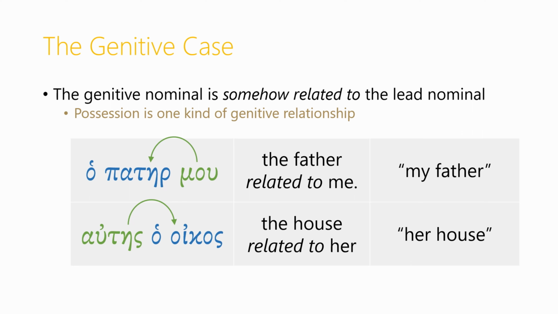So if we take ho pater mu, mu modifies pater and tells us that this is the father related to me somehow. Similarly, autes ho oikos, autes is genitive and it modifies oikos, and that tells us that the house, ho oikos, is somehow related to her. It's her house.